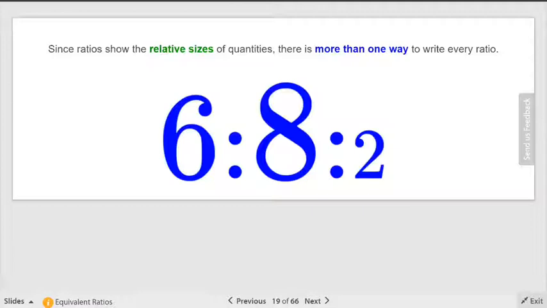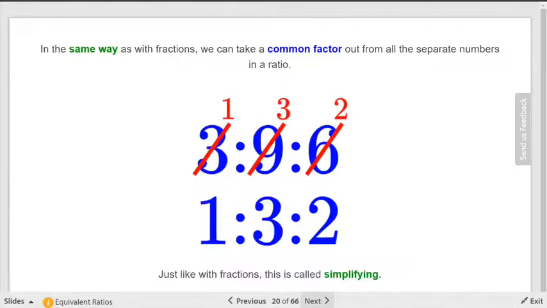But what they mean is that you can write it using different numbers, right? The numbers that you get are not always going to be the ones that you're going to use. Exactly.